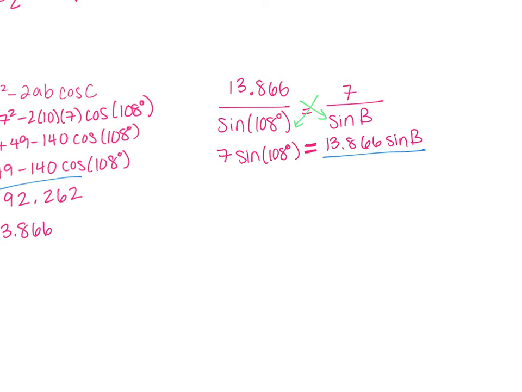If I divide off the 13.866 from both sides, I can try to get sine by itself. So I have sine of B here. I'm going to plug this into the calculator, and if I round to 3 decimal places, I get 0.480. And then I'm going to just take the sine inverse.